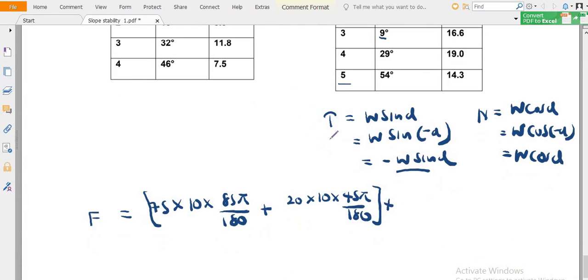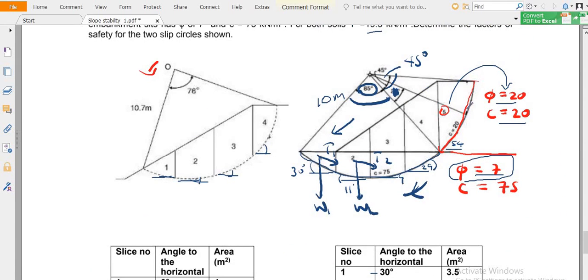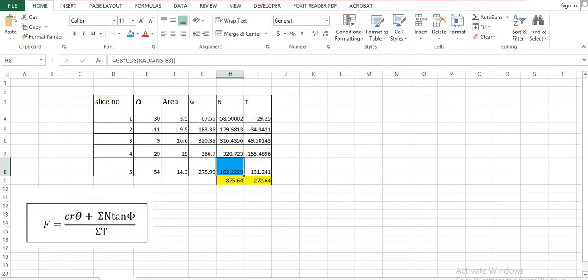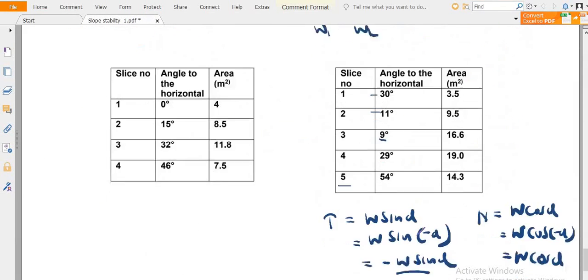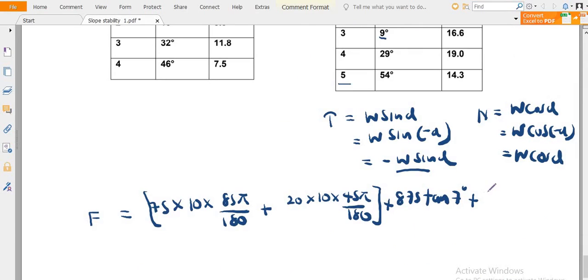So we have 875 tan 7 plus the alone slice, slice number 5, which is 162 and phi 20.